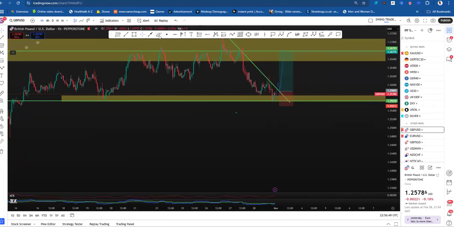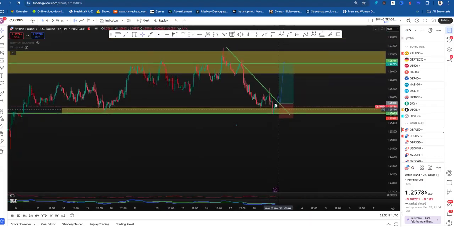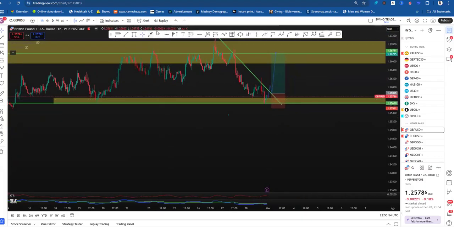So at that moment, what we're looking for is a break below this level, right? Looking for a break below this level and a pullback, and then we can take our entry. So we will be targeting areas that are price demanding.